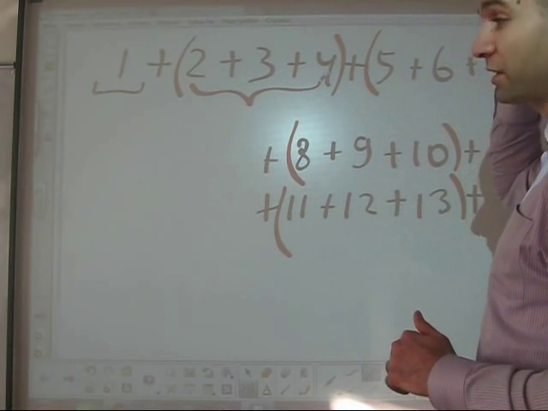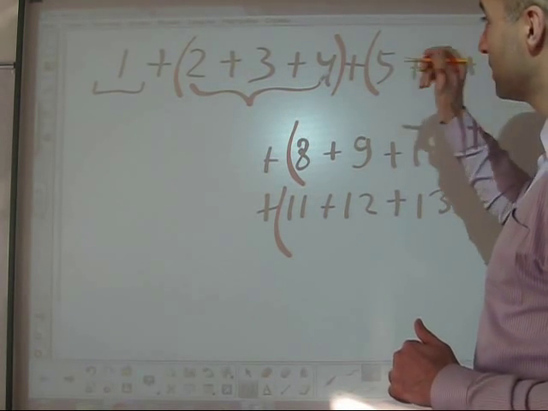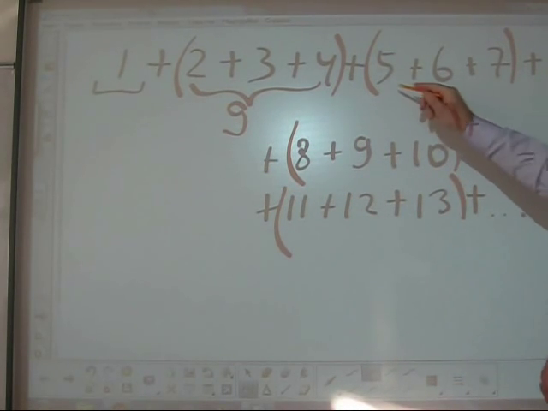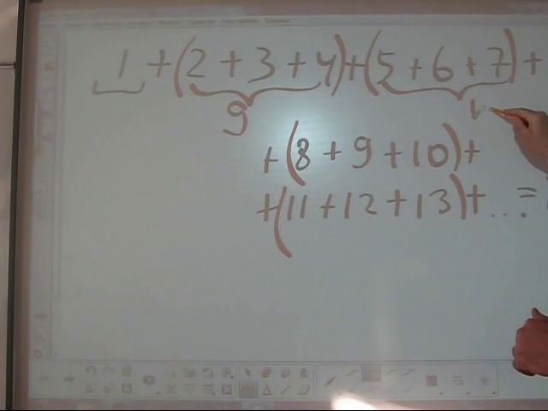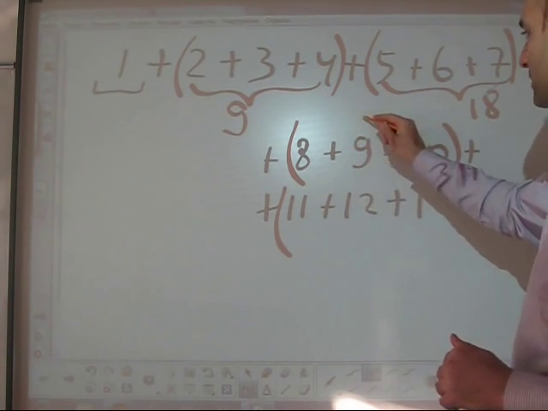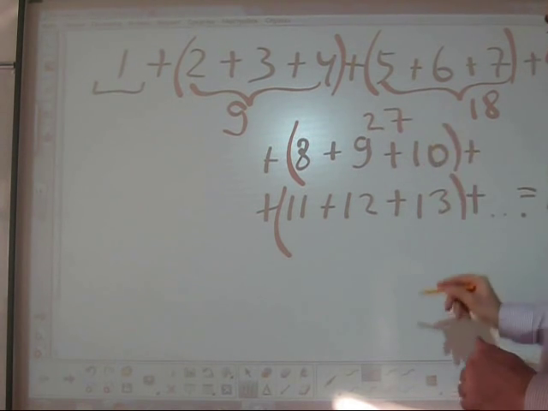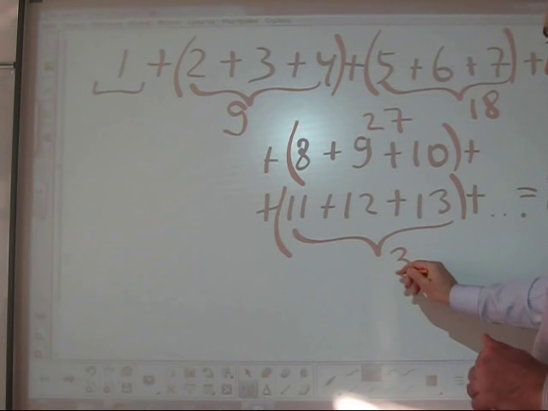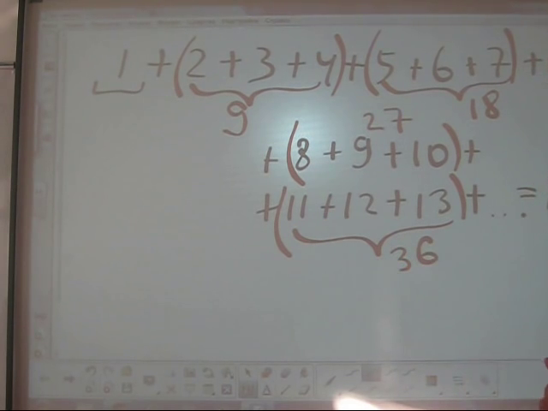This group of 3 gives us 9. This group gives us 18. This is 27. And the last one is 36.